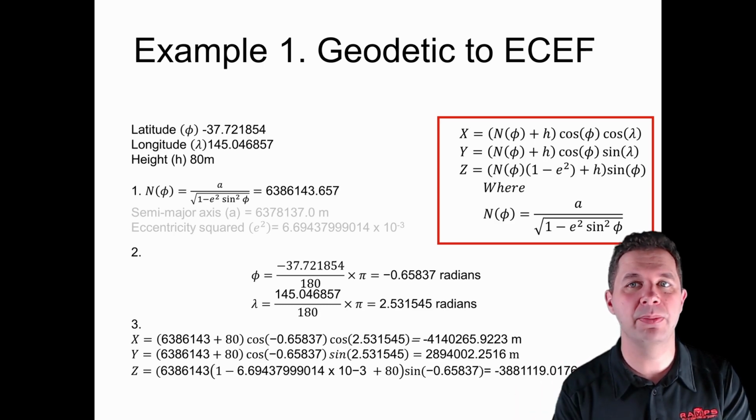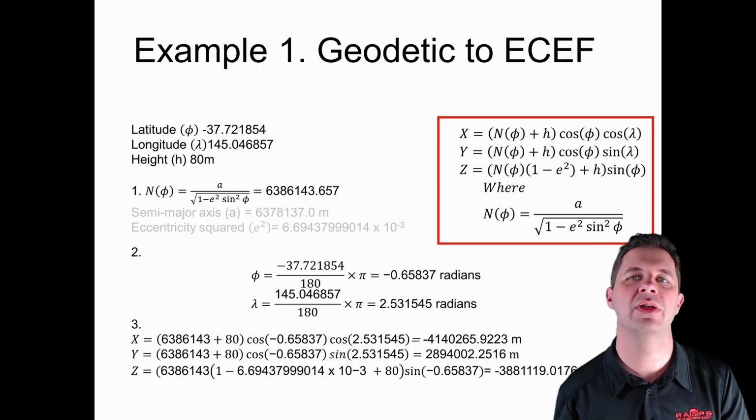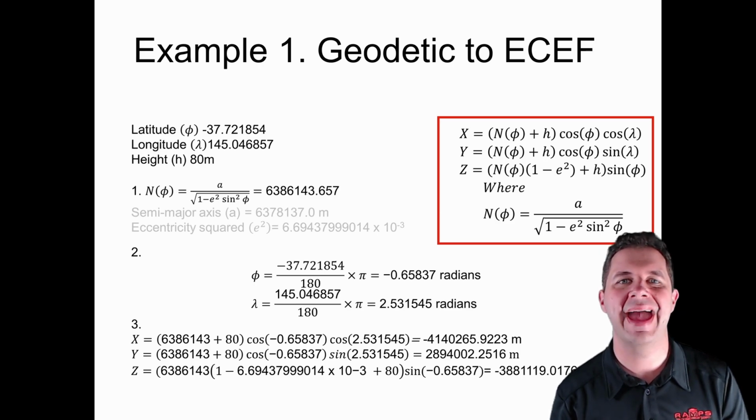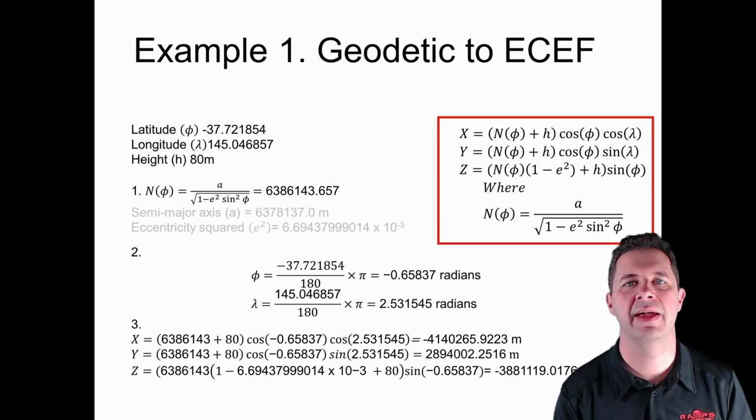And then we can compute. We then need to represent our latitude and longitude in terms of radians. And once we've converted them to radians, we can then work out what our X, Y, and Z values will be, which we've done there. And they come out in meters. Obviously, we can convert them to kilometers from there.